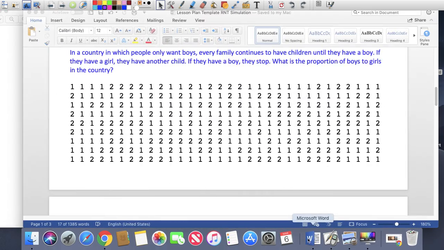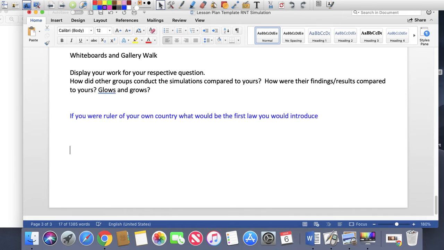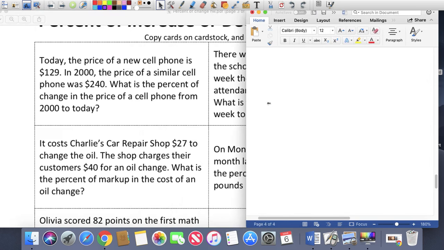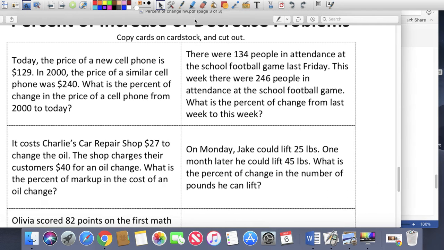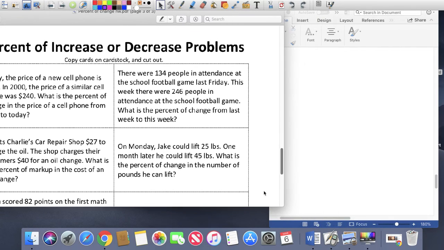Hang on a second, let me find some room. Maybe I can use this page. I'll make this a little bit smaller.